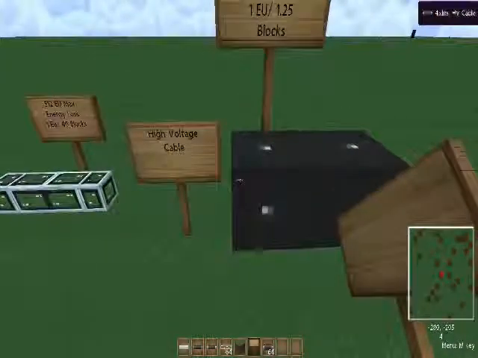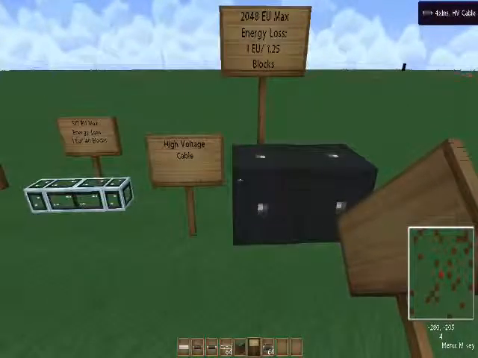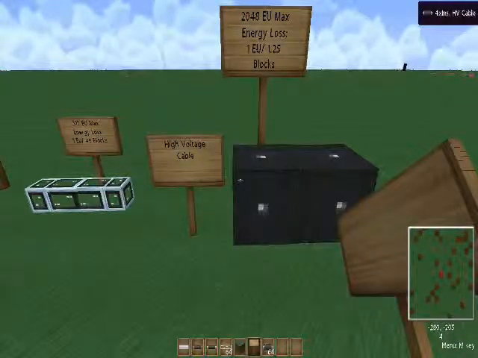Now we have the insane stuff. This is the high voltage cable. It can carry 2048 EU max, with an energy loss of 1 EU for every 1 1/4 block you place.